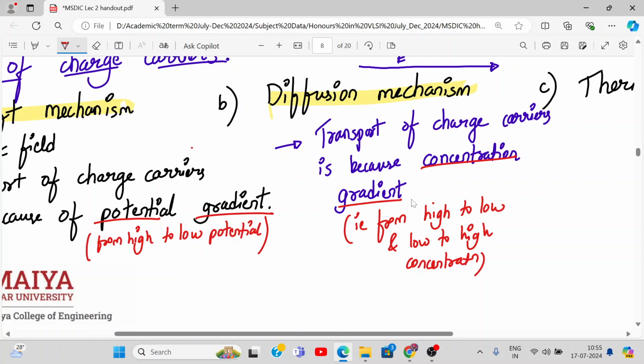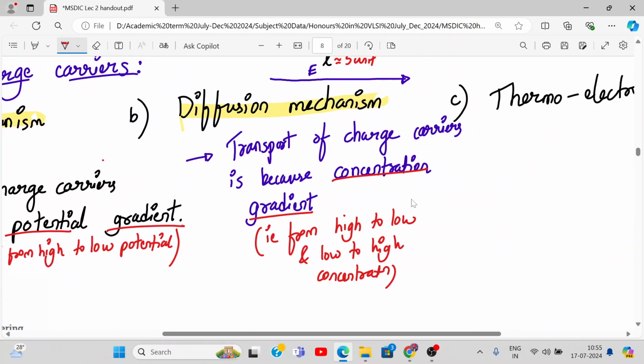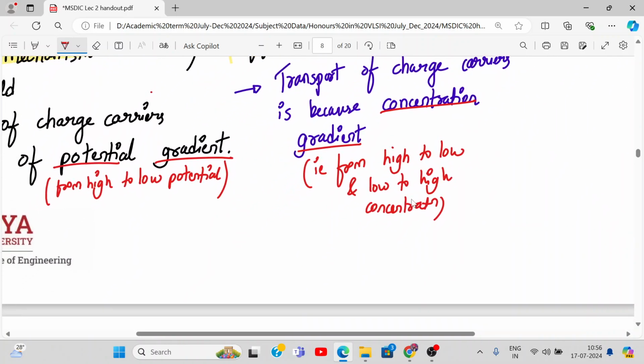So transport of charge carriers is because of concentration gradient. That is, at one point of a piece of semiconductor material there can be a high concentration of carriers, and at another point there will be a low concentration of carriers. The current flow because of such a scenario is called the diffusion phenomenon.